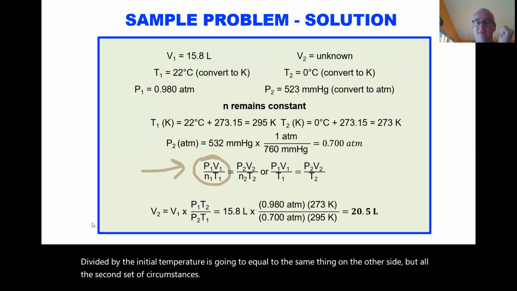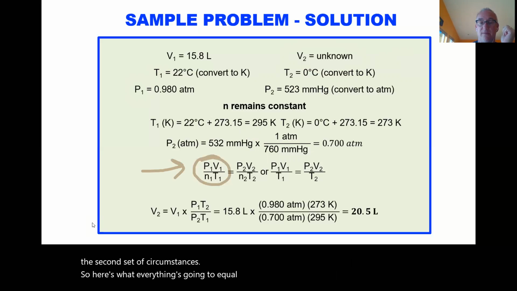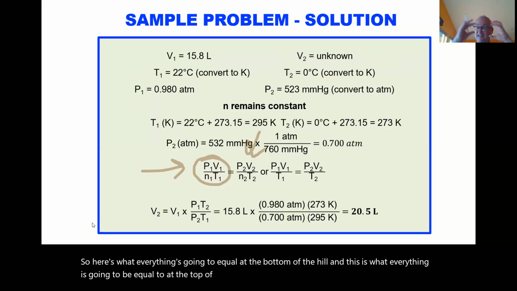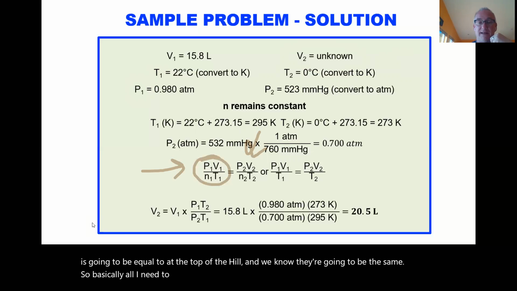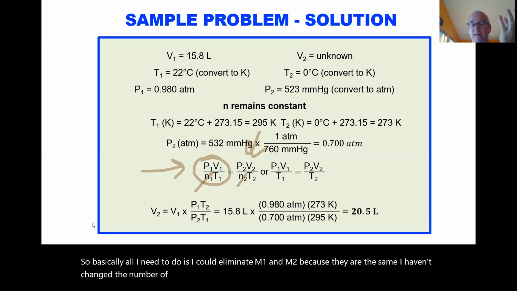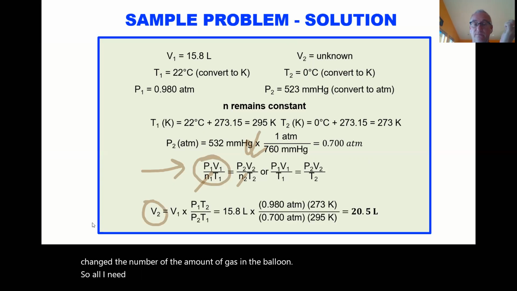So here's what everything's going to equal at the bottom of the hill, and this is what everything's going to equal at the top of the hill, and we know they're going to be the same. So basically I can eliminate N1 and N2 because they're the same. I haven't changed the amount of gas in the balloon.